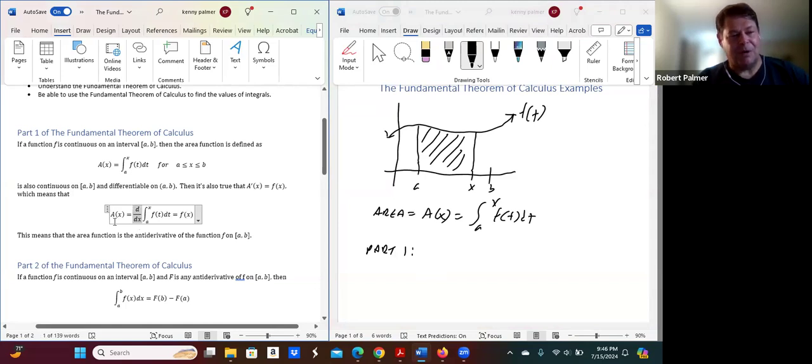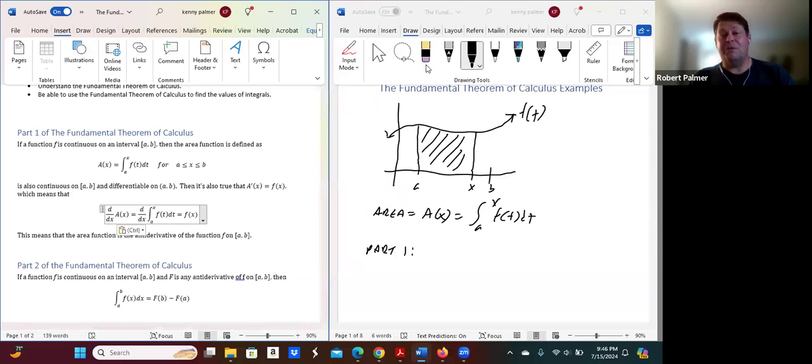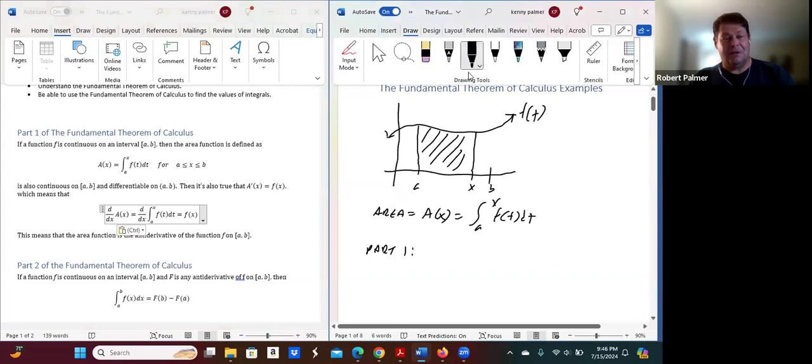What I should say is this: if I take the derivative of this area function with respect to x, that's just going to be f of x. That's what part one says. The derivative with respect to x of A of x is f evaluated at x.